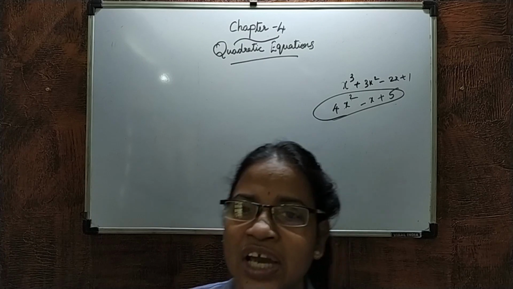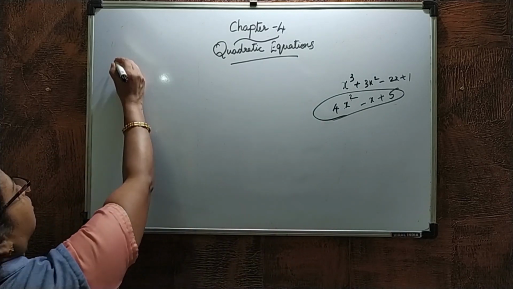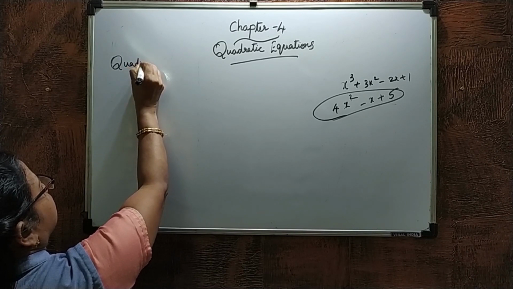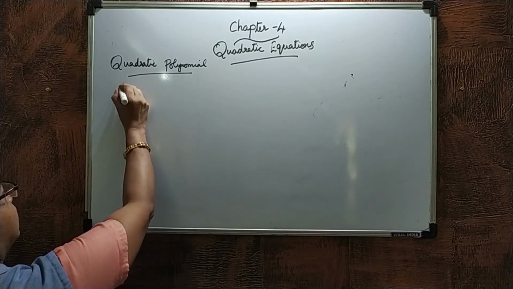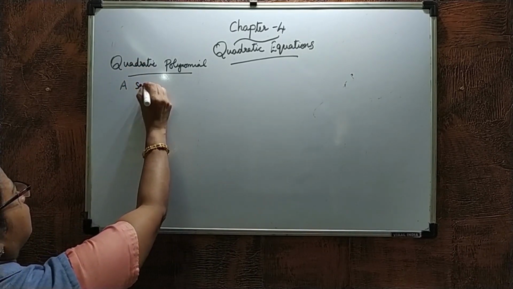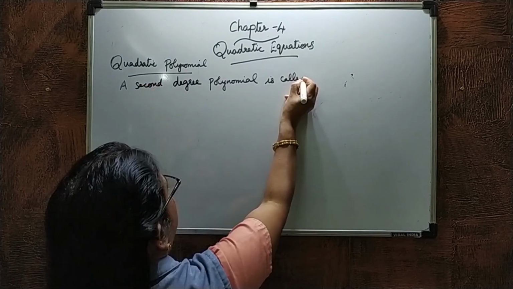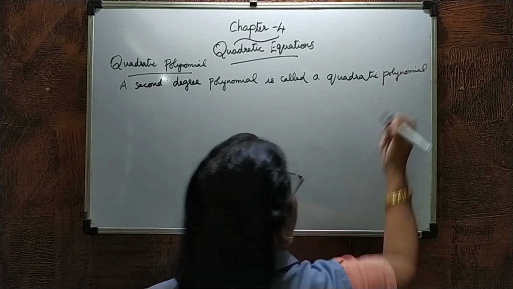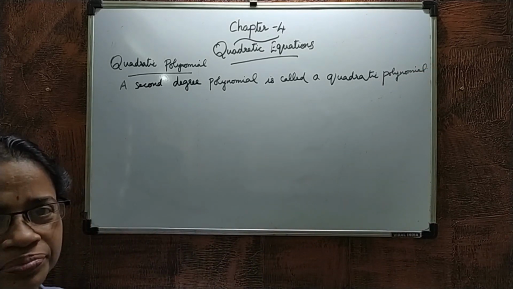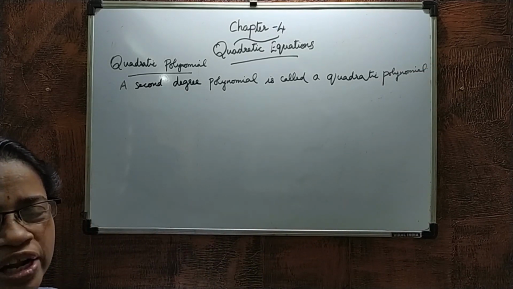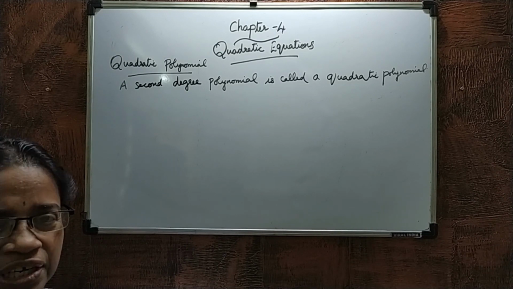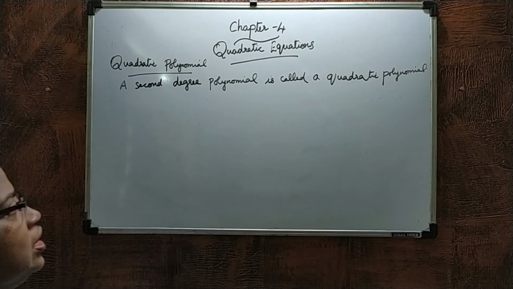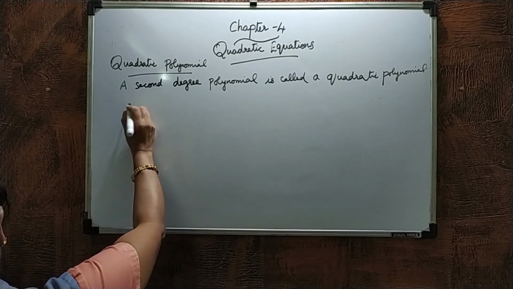So first heading, quadratic polynomial. A second degree polynomial is called a quadratic polynomial. Do you remember the form? What is the general form of a quadratic polynomial? It is ax square plus bx plus c. So that also you will write.